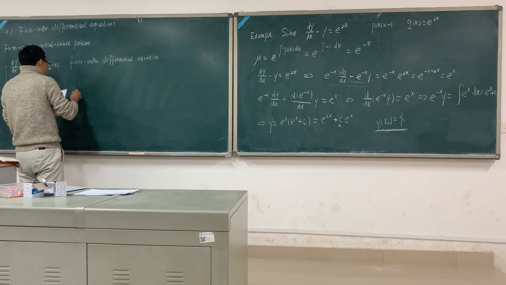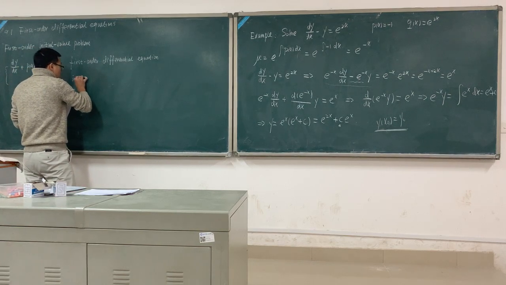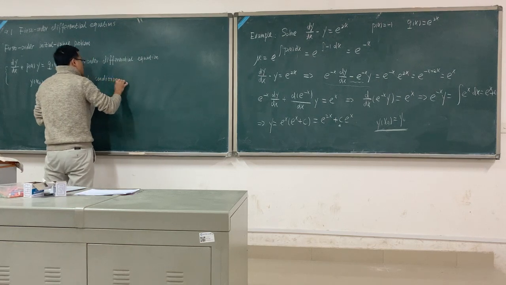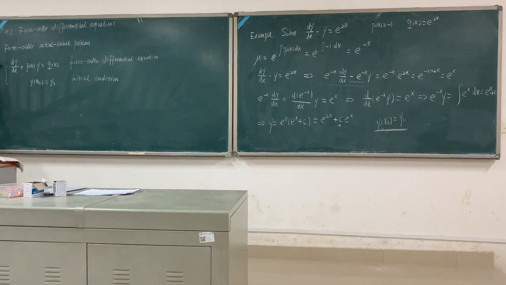We have a name for this: the initial condition. So here we have the differential equation and the initial condition. These two together we call the first order initial value problem. The first is the first order differential equation, the second is the initial condition.